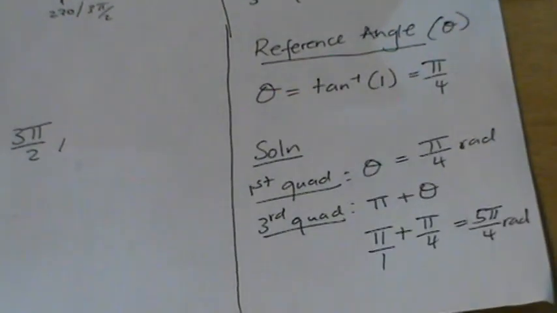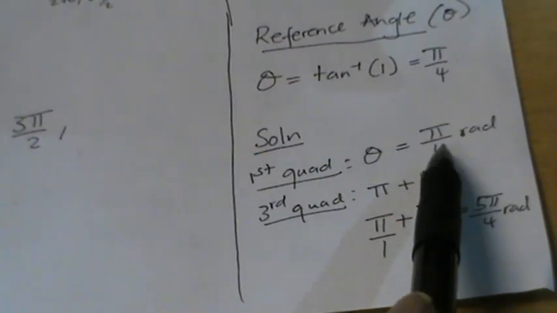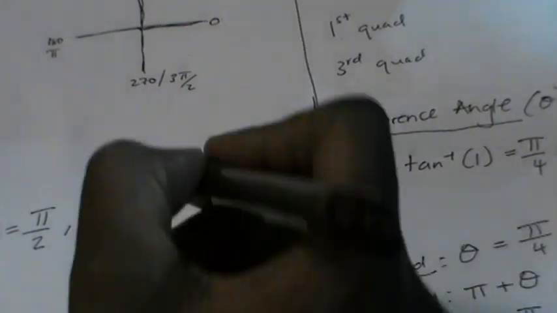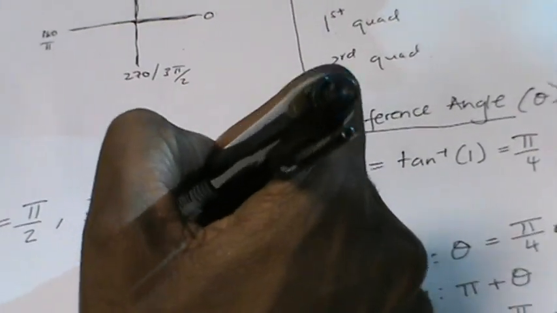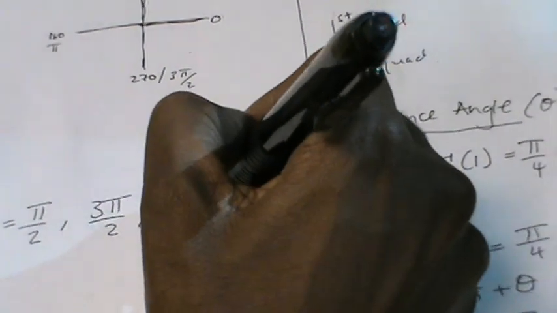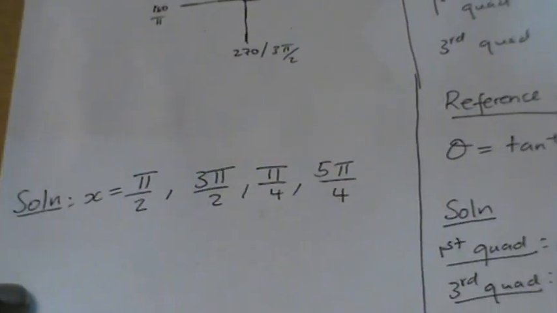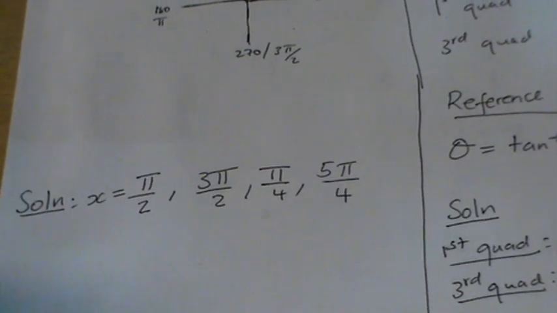And then from tan I got two solutions. I got pi over 4 and 5 pi over 4, so I should write those down. So it is pi over 4 and 5 pi over 4, and those are my solutions, and just like that I'm done.